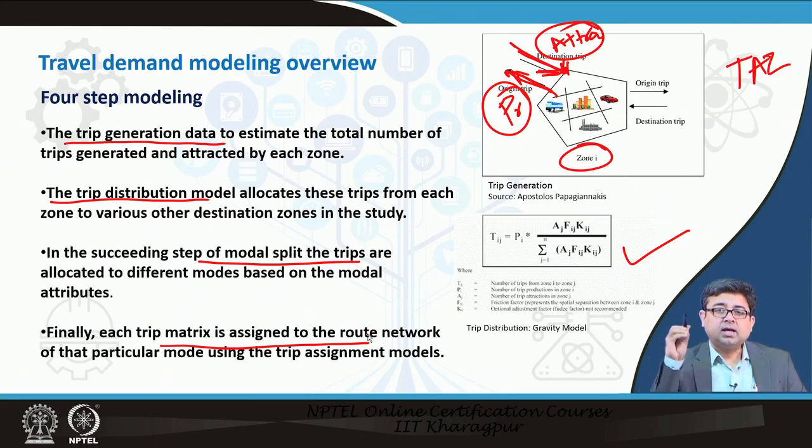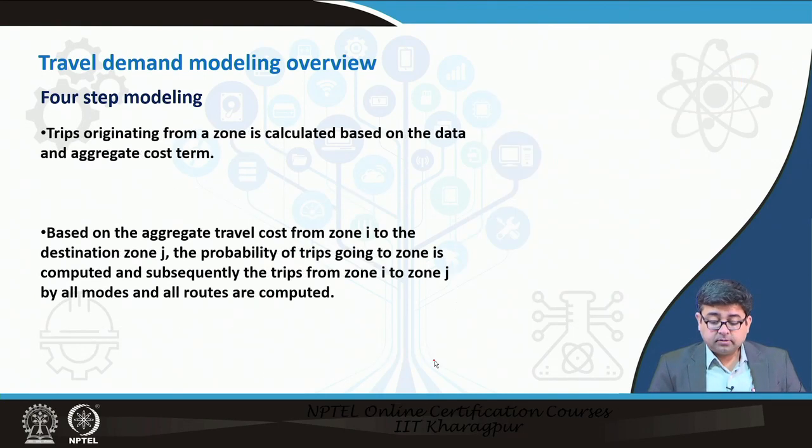So, let me assign this trip to that network. So, essentially now you will know that a particular trip that was generated in one zone is being attracted by another zone, or is distributed to that zone, and is using a personal automobile, then you can easily assign it on a network. So, that is the last step in the 4-step model.